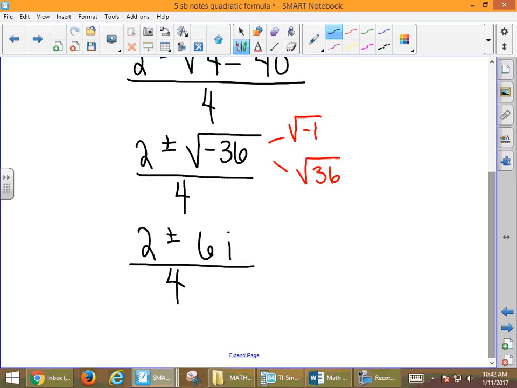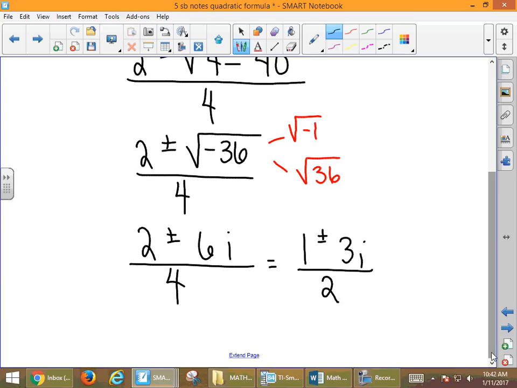As we finish this problem, we need to note that 2 and 6 and 4 are all even numbers, so we can simplify those. 2 divided by 2 is 1. 6 divided by 2 is 3. 4 divided by 2 is 2.